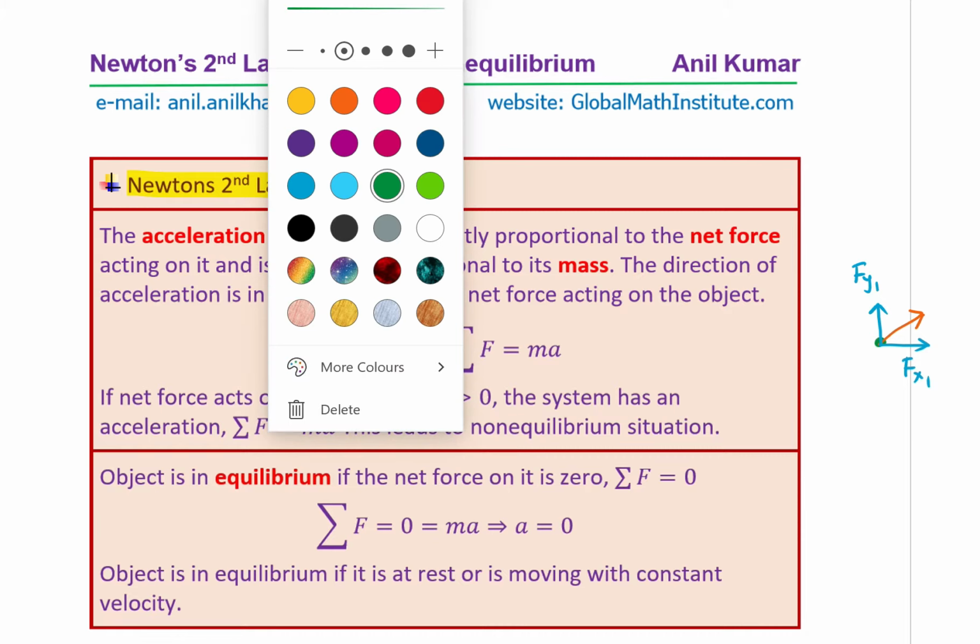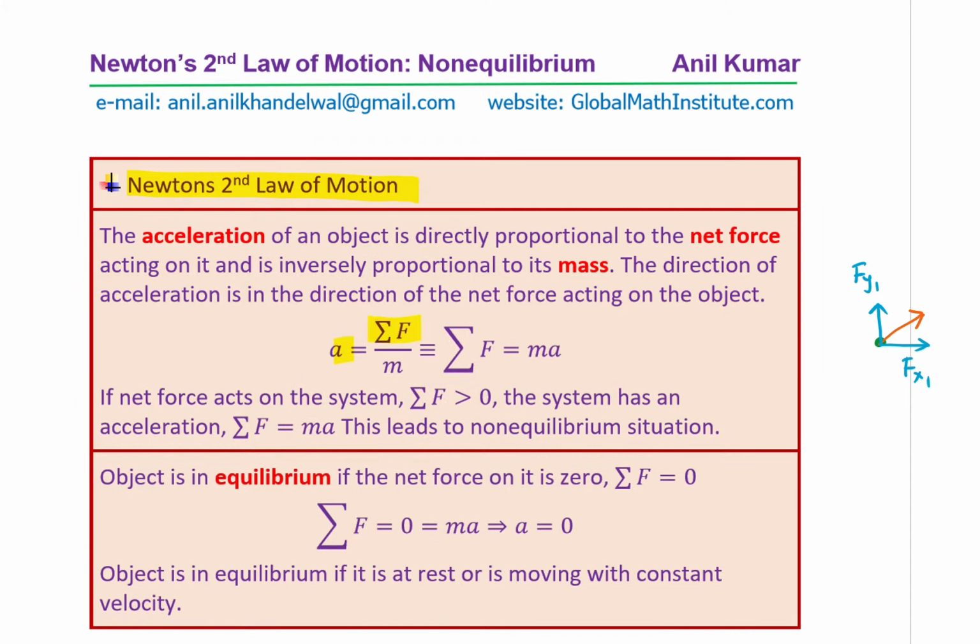Similarly, if I have some other force, for example, a force like this, this force could also be resolved into x and y direction, correct? So here the force could be represented as Fy2 and this could be Fx2, right?